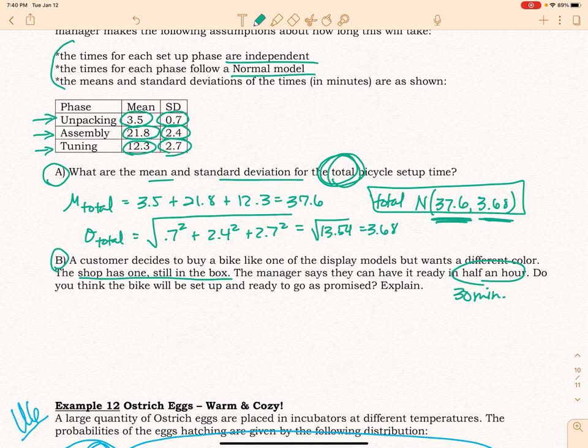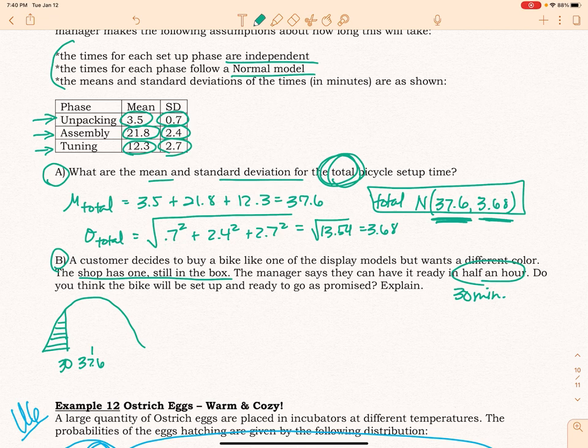But it usually helps to have something concrete. So how likely is it that this bike is going to be done in as little as 30 minutes? If I take the probability approach, I need an area under the curve that represents the probability it will get put together in 30 minutes or less.